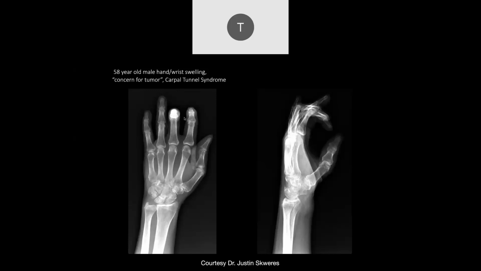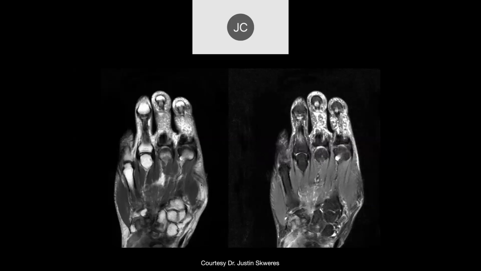I don't know whether that's fixed or the joints look kind of okay, but that's a possibility that they could be flexed and couldn't extend out, in which case you might have a flexor tendon problem. They're concerned about carpal tunnel syndrome, which certainly would have to do with the flexor tendons. You can see that there is maybe a little bit of calcification here in the region of the flexor tendons.